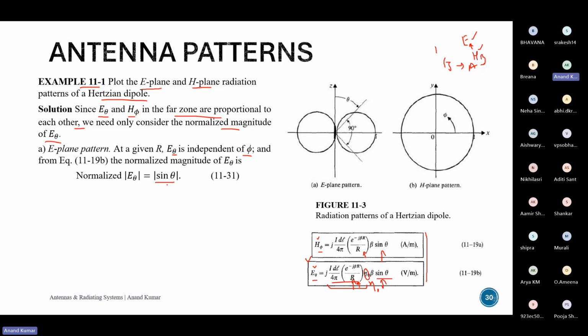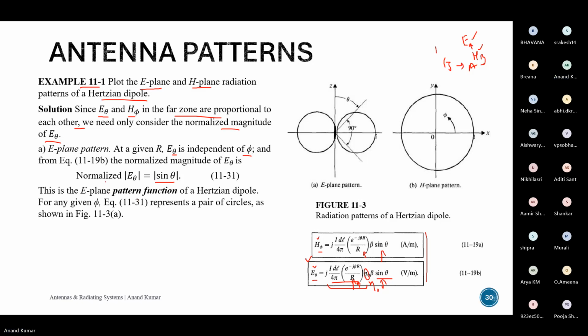So we have got the value of mod of sine theta, and the E plane pattern function of the Hertzian dipole is given in this figure over here.